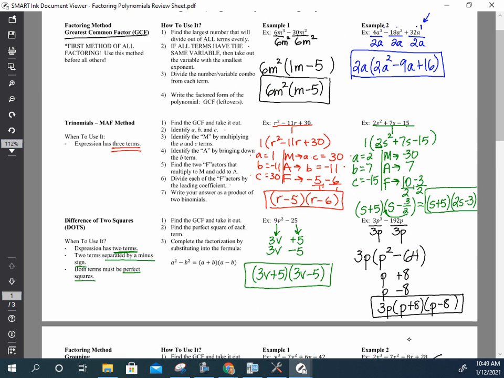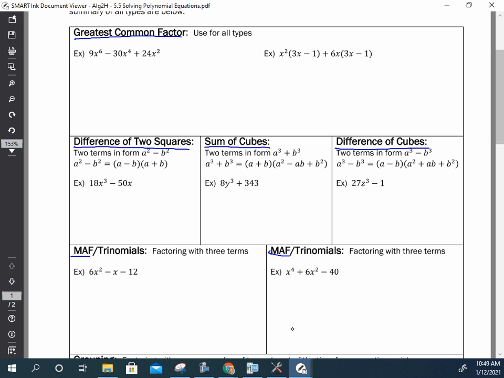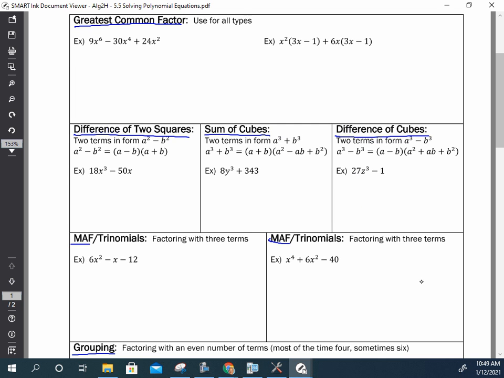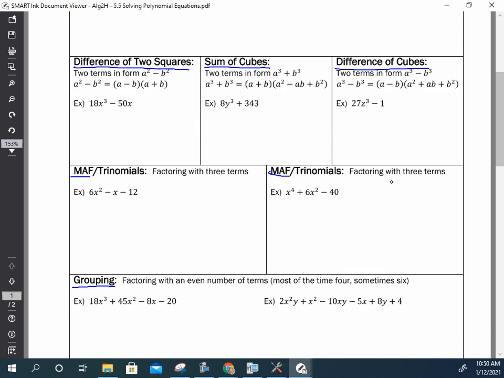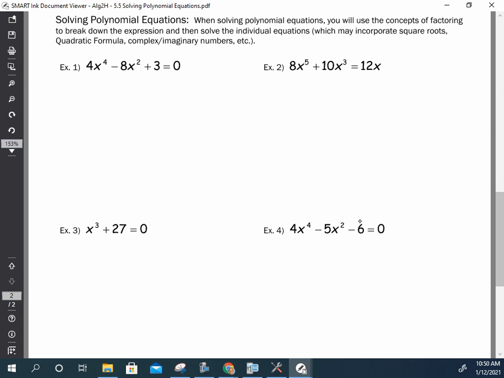I've already posted this handout to Google Classroom for those of you who want to use it as a reference. You don't have to use it, it's there if you want to use it. Today our focus is going to be on solving polynomial equations, which is going to use factoring.